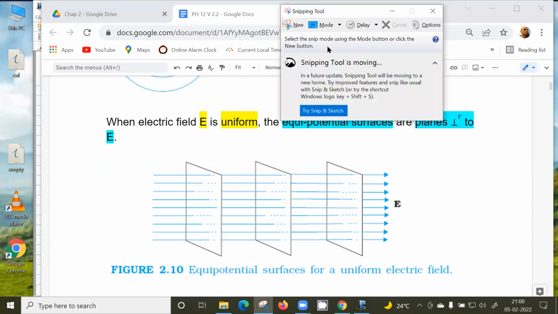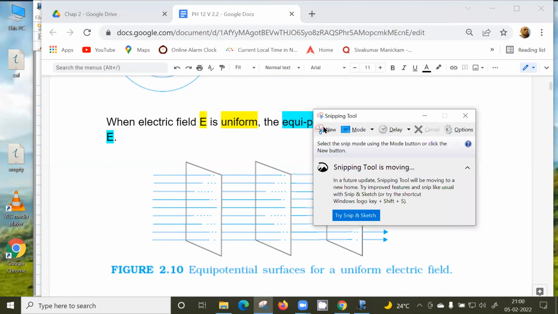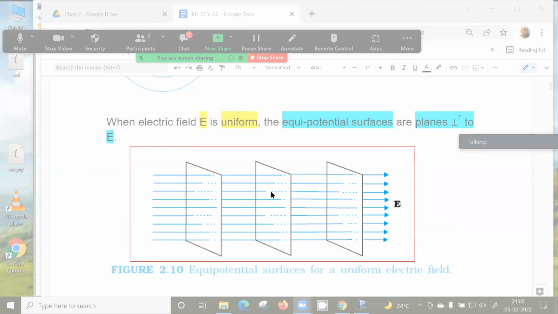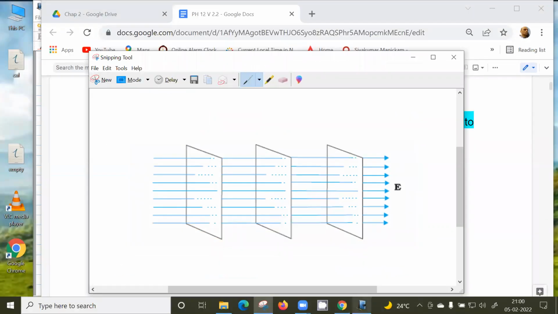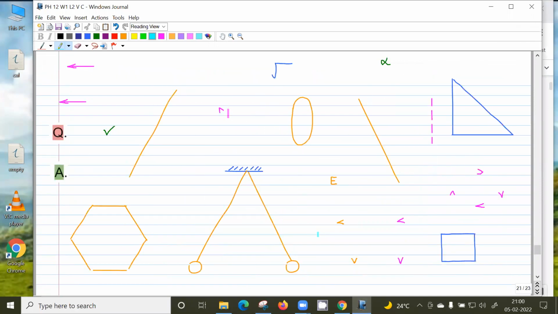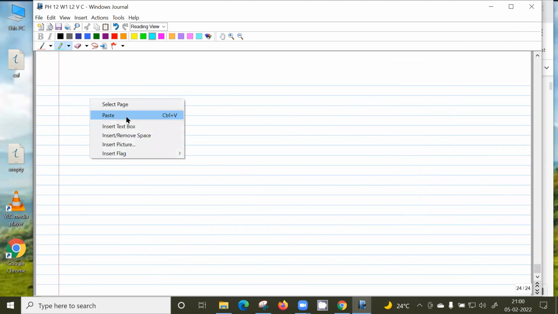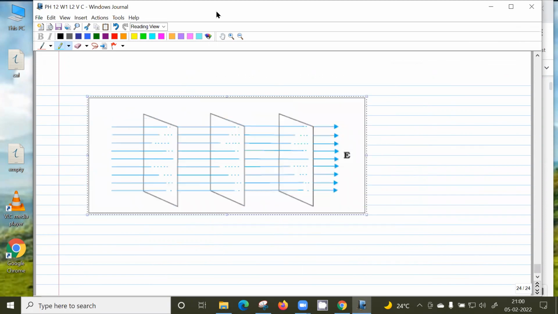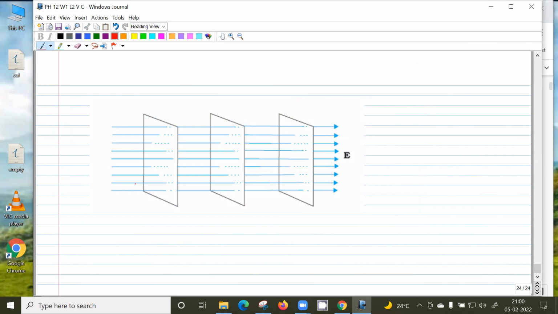Okay, I'll explain it. Electric field is the negative gradient of potential, right?